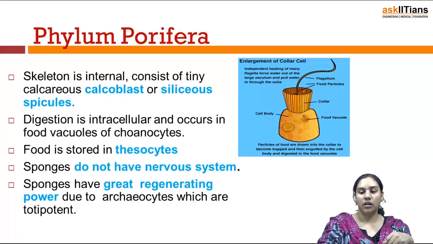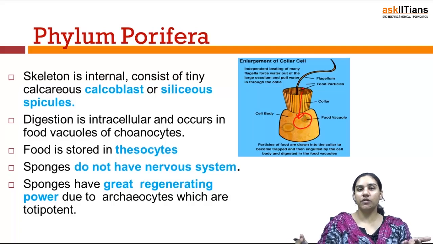From here, the food particles enter into the cell body of the collar cell, which is stored into the food vacuole, as you can see here. So particles of food are drawn into the collar to become trapped, and they are engulfed into the cell body and then digested in the food vacuole.